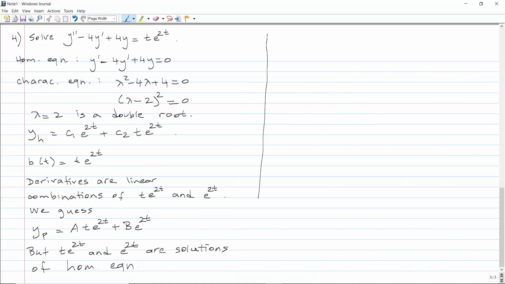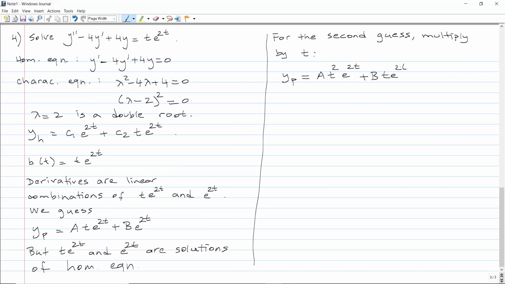So as we did in the previous example, for the second guess, multiply by t. So we make a second guess for the particular solution: a t squared e to the 2t plus b times t e to the 2t. So we multiply the whole form of the guess with t.